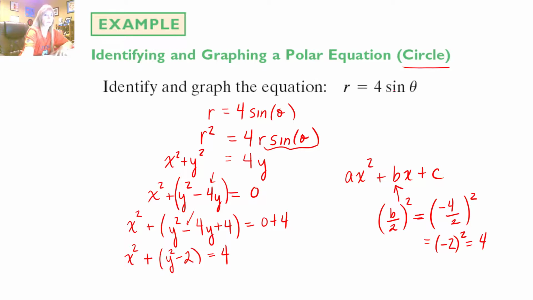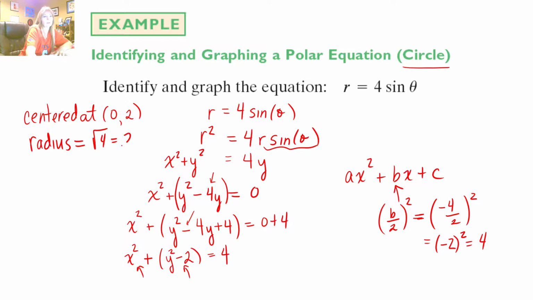And let me write over here, it's centered at, well, there's nothing there, so 0 and 2, because remember our formula is minus, so we just take the 2. And then with a radius equal to the square root of 4, or 2.